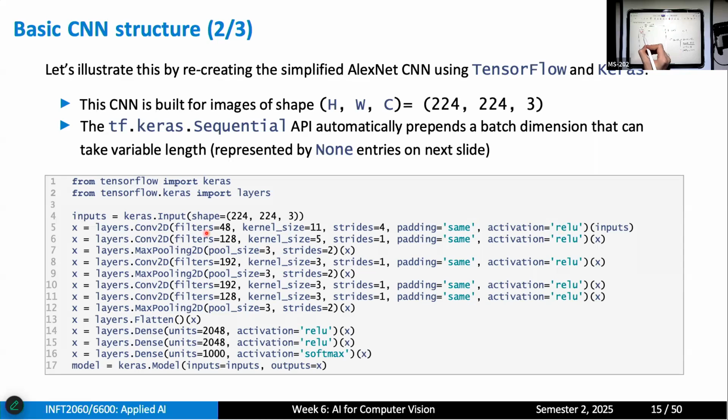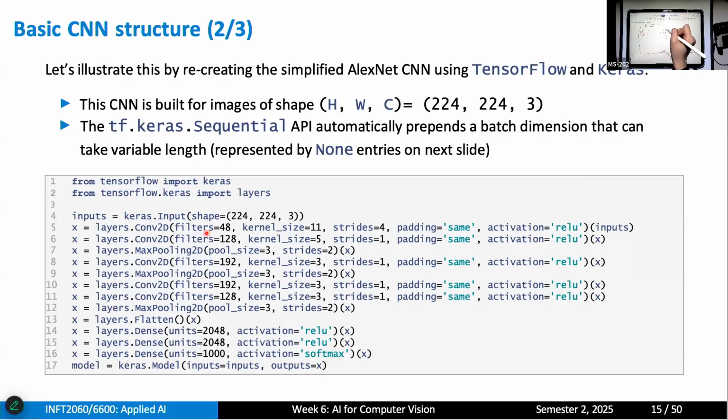For each window, I apply the 48 filters, with ReLU activation to pass the values into the next layer. And then what does the padding mean? For example, after these 4 strides, maybe in here, the 4 strides.